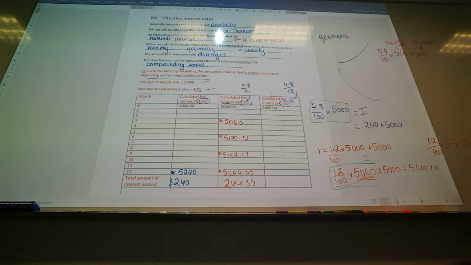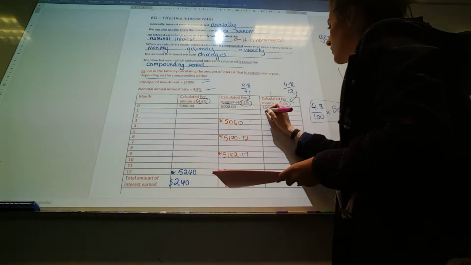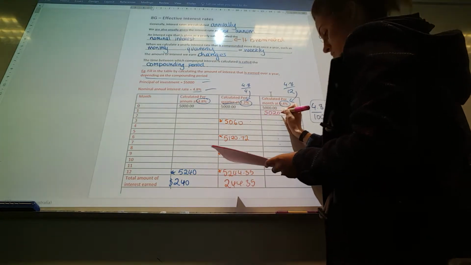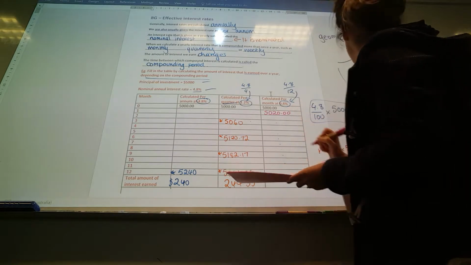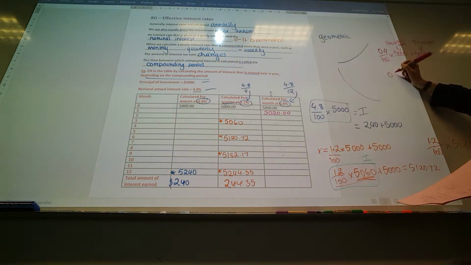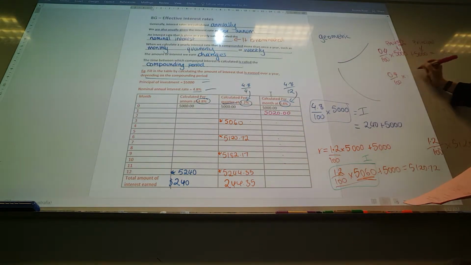Even though they're the same number at the moment, when we go to the next term, so we put this in and it comes up as 5020. So then we go to do the next one. This number comes in here.